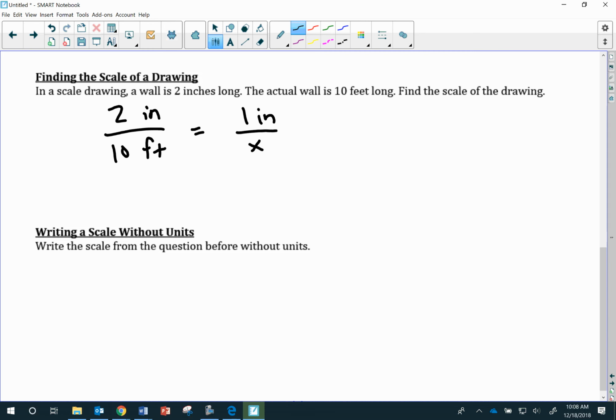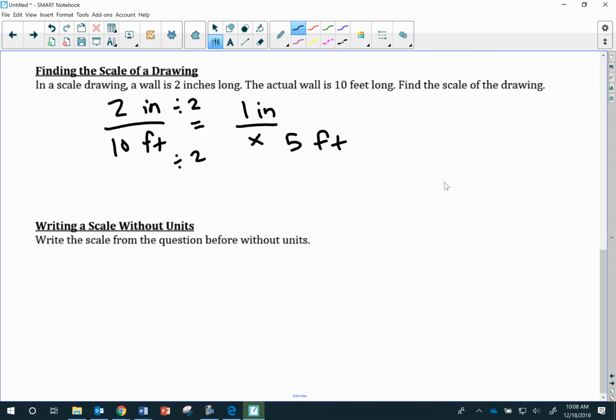So if you notice, to go from 2 to 1, we're dividing by 2. So we're going to do the same thing here. So then we see that 1 inch equals 5 feet. So the scale would be 1 inch equals 5 feet.